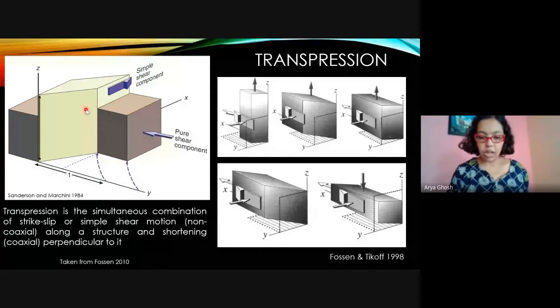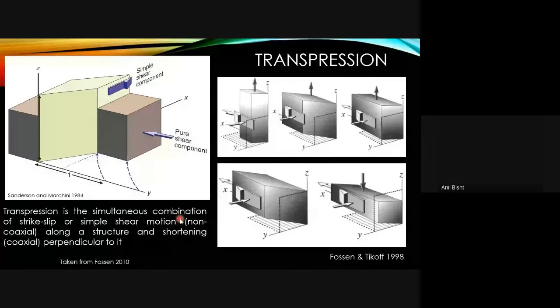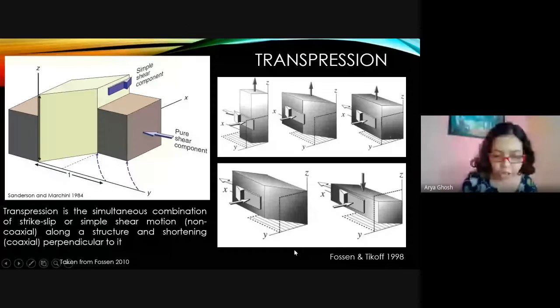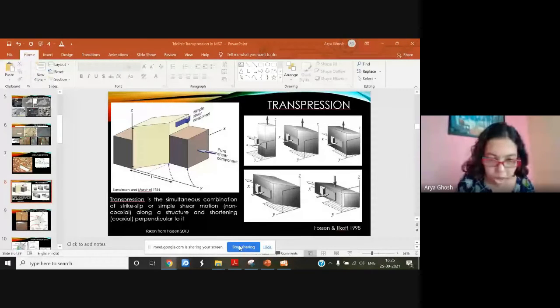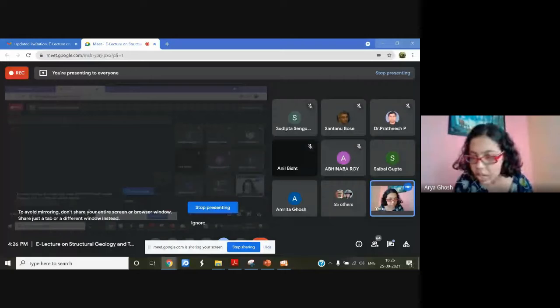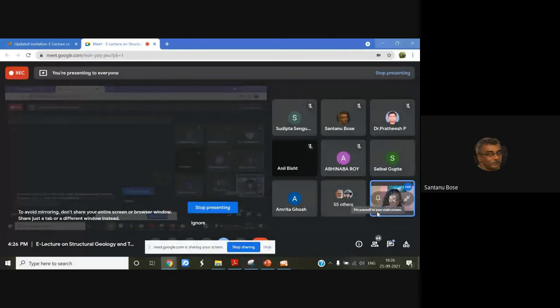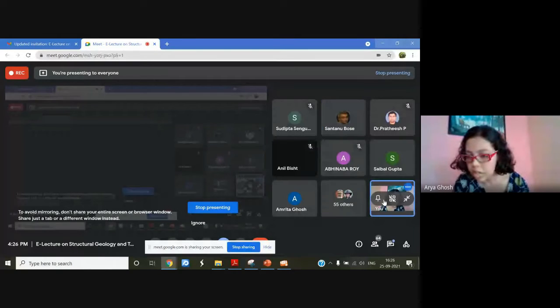Oh, is it? Yeah, if you can just stop sharing your video, it might help, because the bandwidth is really low. I will do that. One of the suggestions is that you can switch off your video. That might help. Yeah, sir, I'm trying that. Sir, I'll just stop the video, right, sir? Don't stop sharing. Just switch off the video.